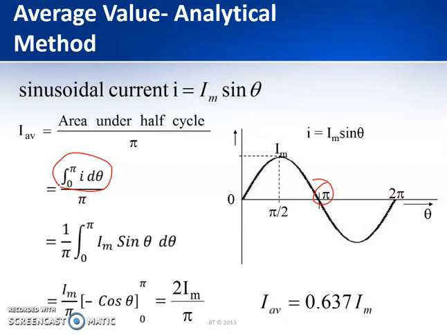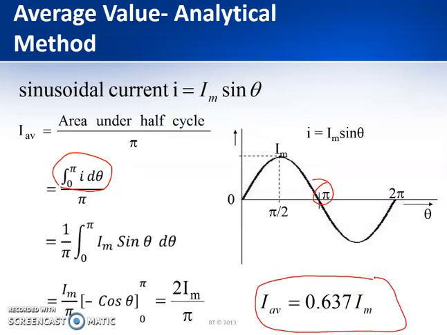It is equal to 0.637 Im. Similarly, for the voltage waveform, V average will be 2 Vm by pi. This is applicable only to a sinusoidal waveform.